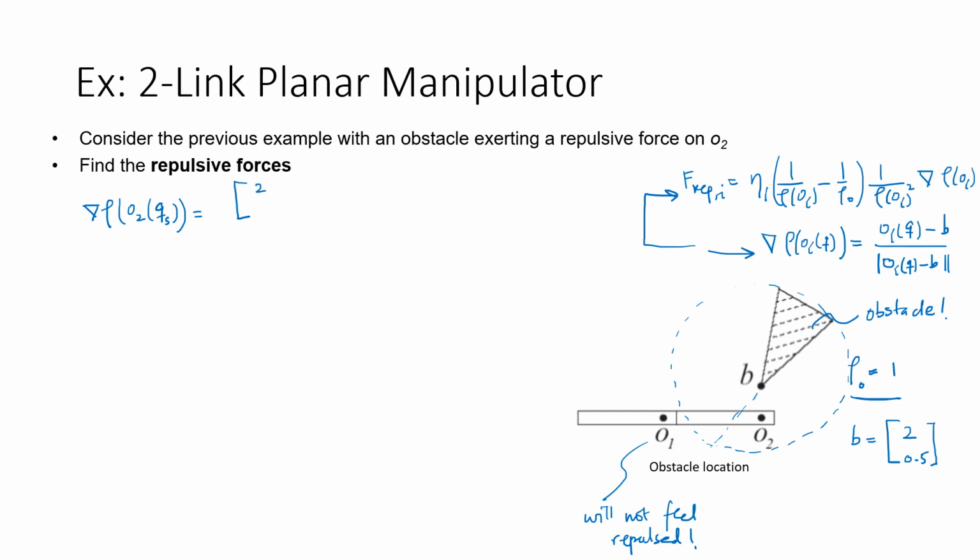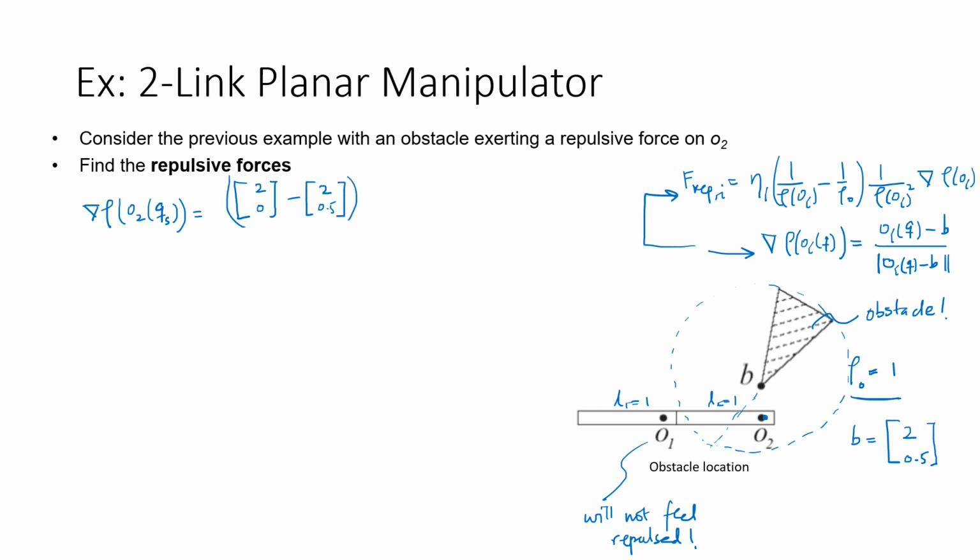This was 2 and 0, and obviously you can see that because L1 is equal to 1 and L2 is also equal to 1, so this O2 at this particular point is 2 units along X and 0 units along Y. So that's why it is (2, 0) minus B can be written down. So this is (2, 0.5).